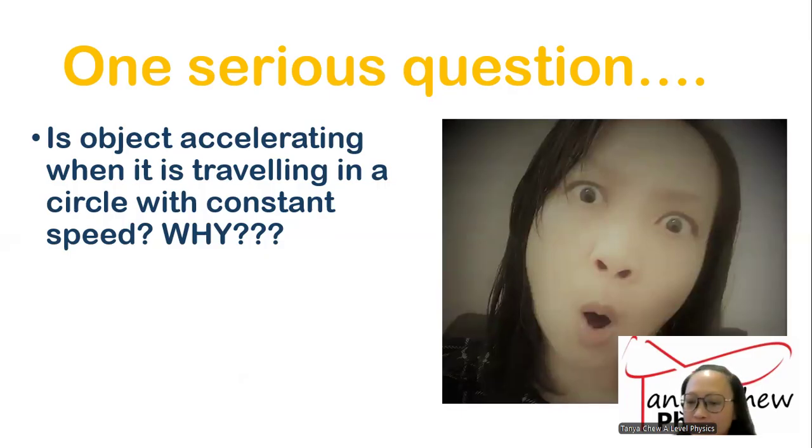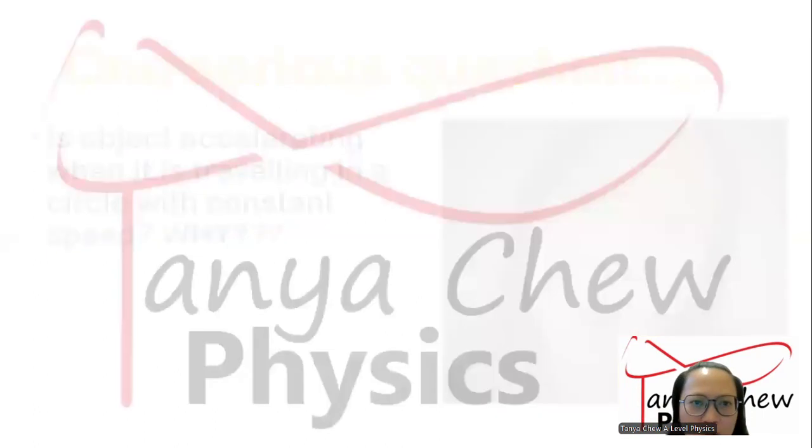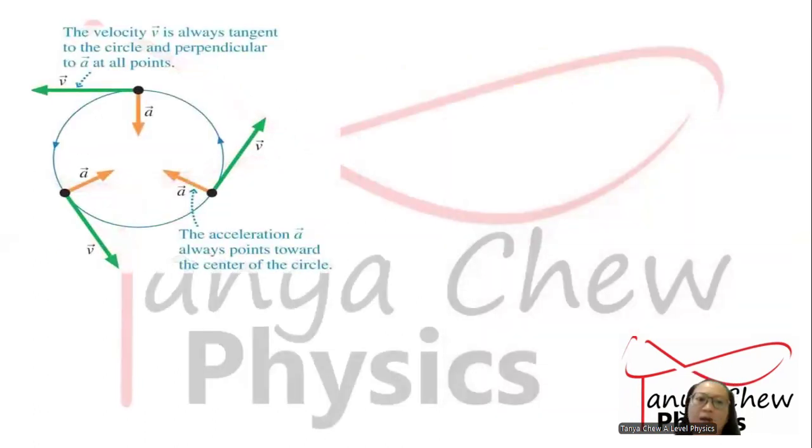But hey, think about this. This is about traveling in a circle. Let me show you a diagram. This is a circle. Let's say there is an object moving in a clockwise direction. Oh, this is anti-clockwise. I'm so sorry, look at the arrow. The object is turning in an anti-clockwise, or counter-clockwise, direction.